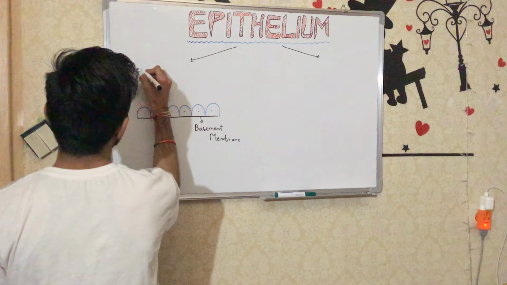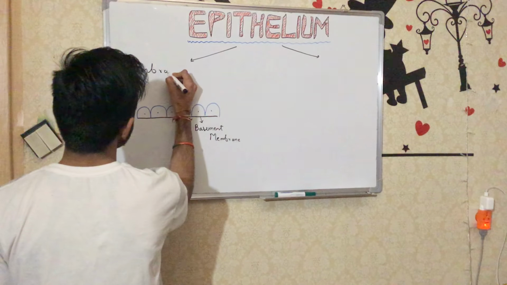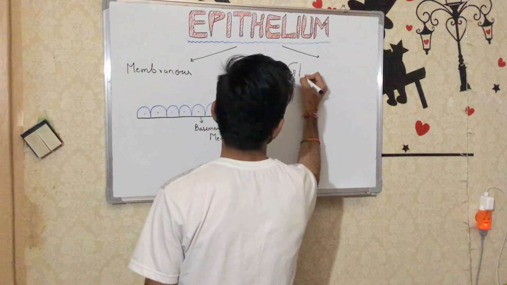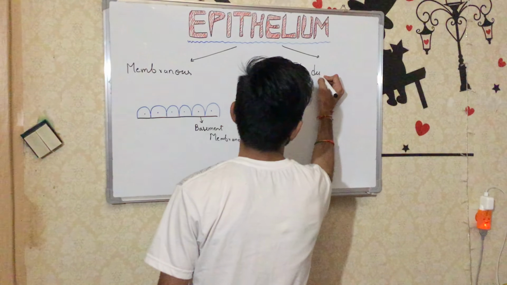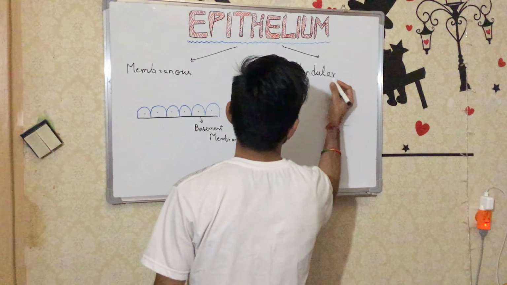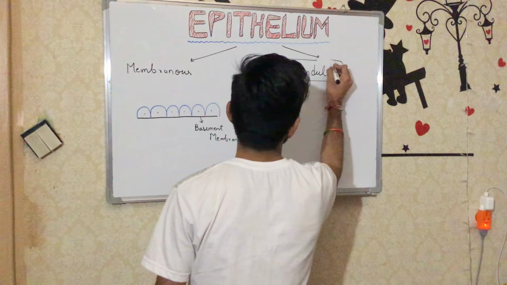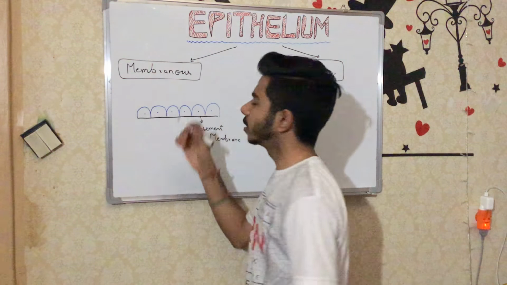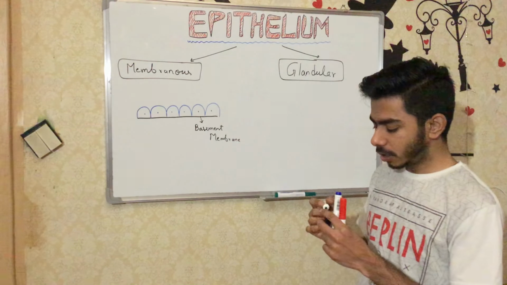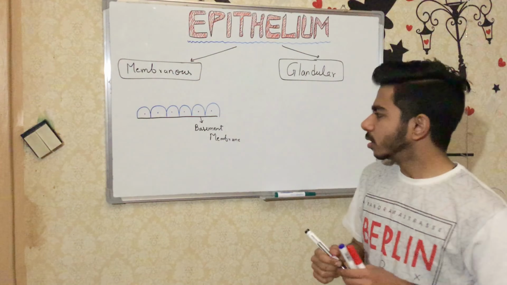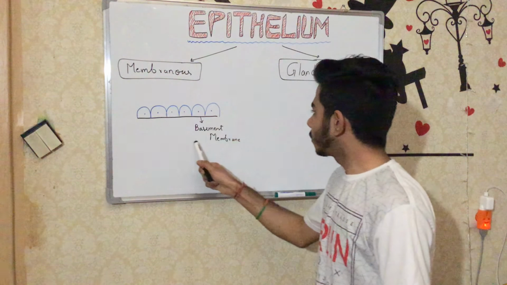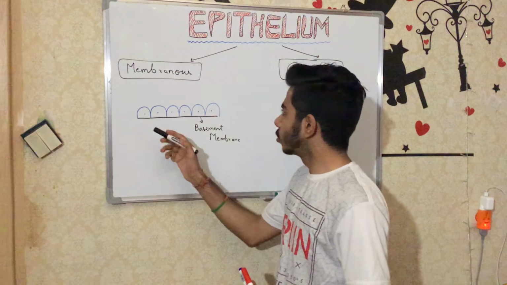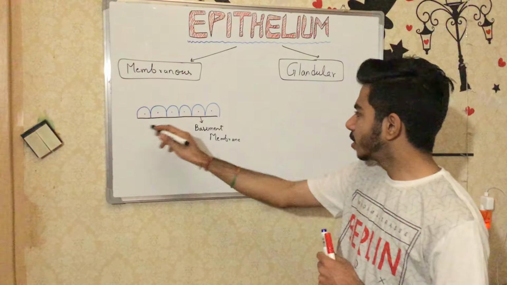Epithelium can be membranous or glandular. Now what does it mean, membranous or glandular? If the epithelium is present like this, in a straight line, simply, this is the membranous form.